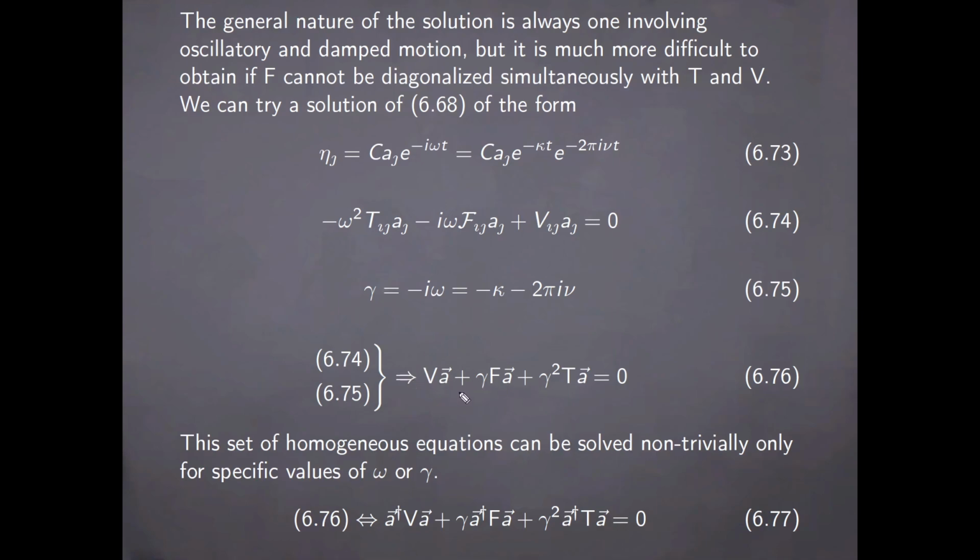And this will be solved non-trivially usually only for very specific values of either omega or gamma. In any case, if we multiply it from the left by the adjoint of the eigenvector A, we can obtain this form of the equations.